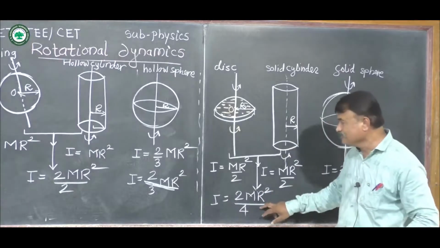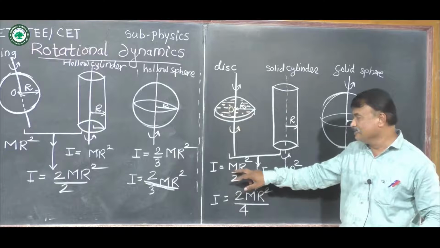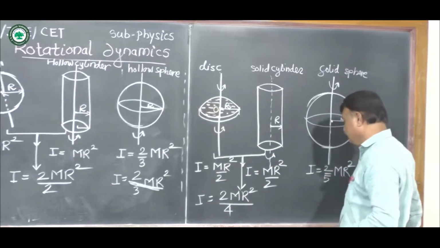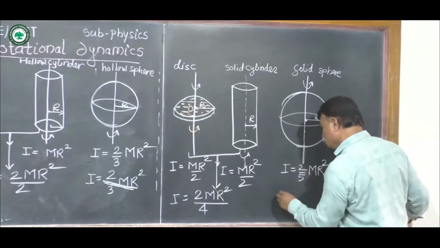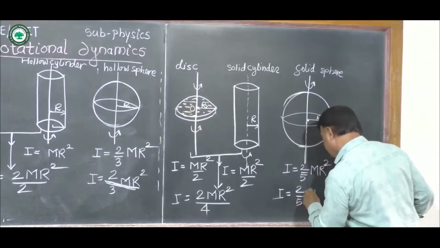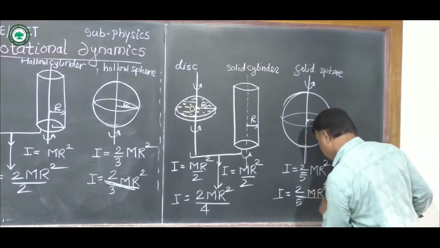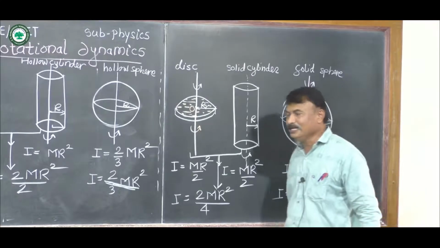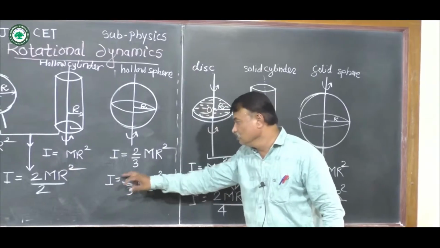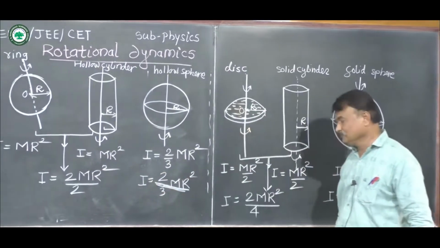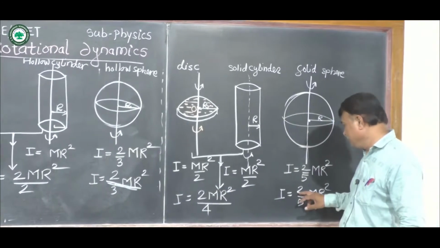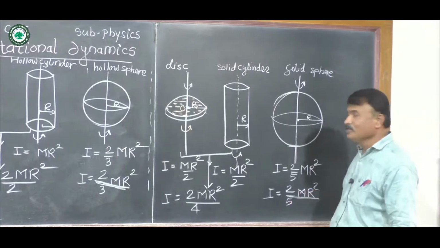If we simplify this, then we get the same answer, I is equal to mr square by 2. And finally we write the moment of inertia as 2 by 5 mr square. So for our convenience we write 2 mr square by 2, 2 mr square by 3, 2 mr square by 4, and finally we get 2 by 5 mr square.